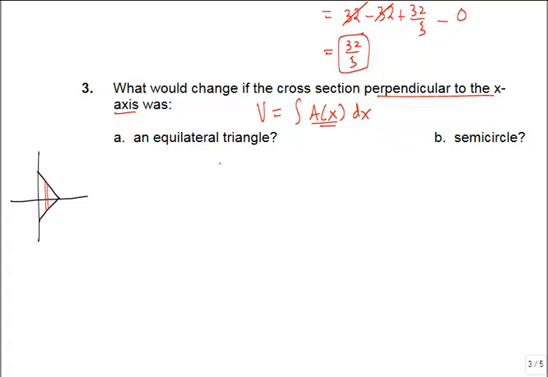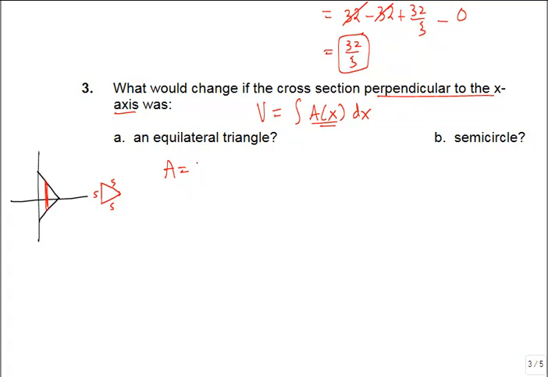The area of an equilateral triangle, if you were to kind of imagine this being flopped down, this would be one side of my triangle, and an equilateral triangle has all three sides being equal. So if I call this side S, this is S, and this is S. Now you can derive this, or you can just take my word for it, but there is a shortcut formula for an area of an equilateral triangle.